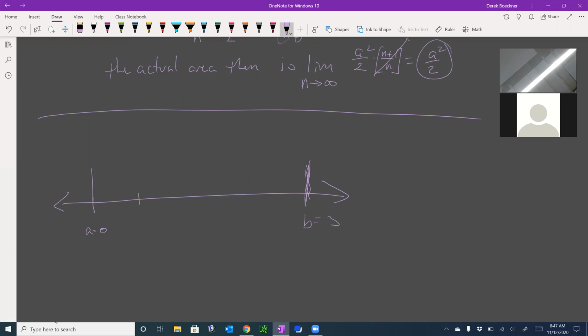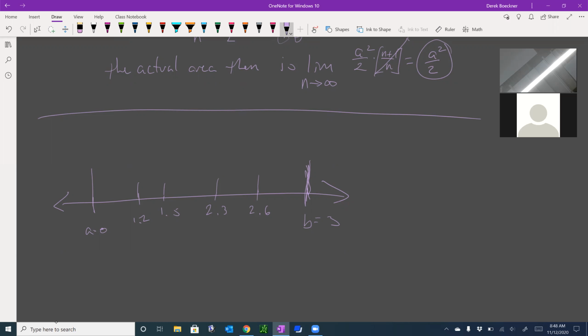And then we've got something at 1.2, at 1.5, at 2.3, and at 2.6. So I've got one rectangle there, one there, one there, one there, one there. 1, 2, 3, 4, 5 rectangles.